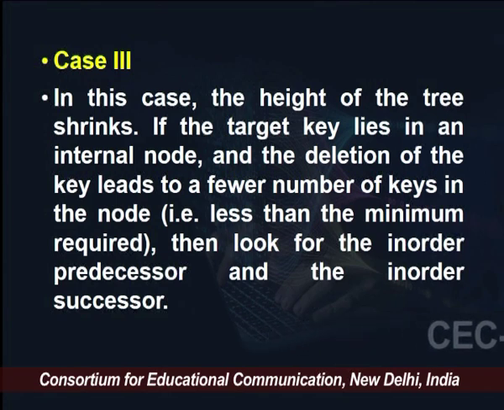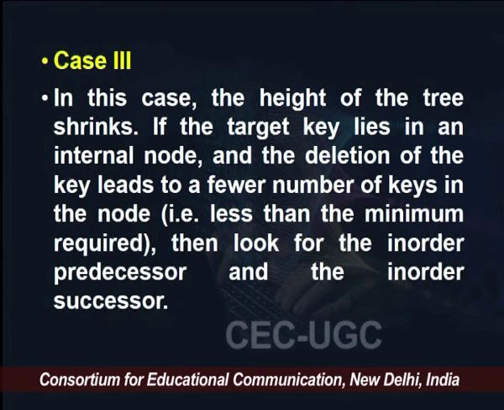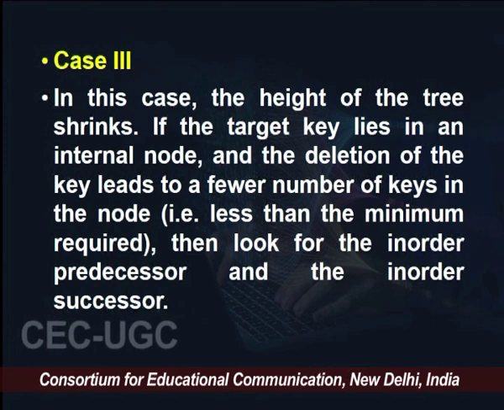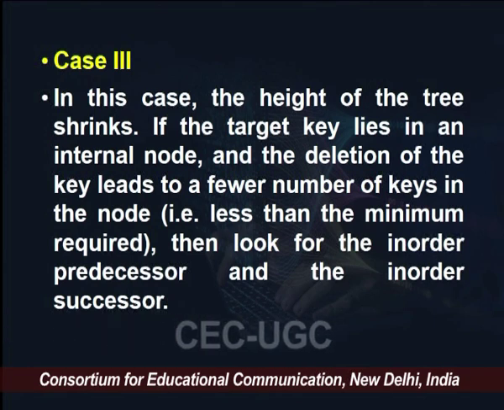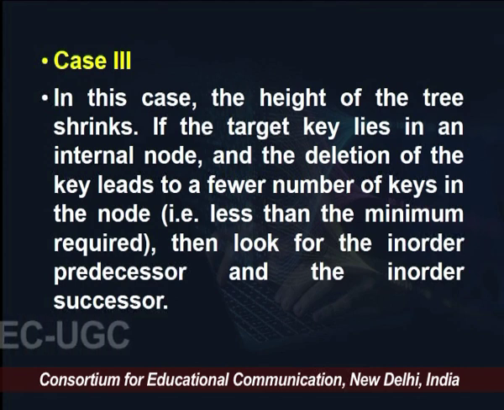Now, how is this height of the tree going to shrink? What is the situation? If the target key lies in an internal node and the deletion of the key leads to fewer keys in the node, that is, less than the minimum required, then look for the in-order predecessor or the in-order successor. If both the children contain the minimum number of keys, then borrowing cannot take place.